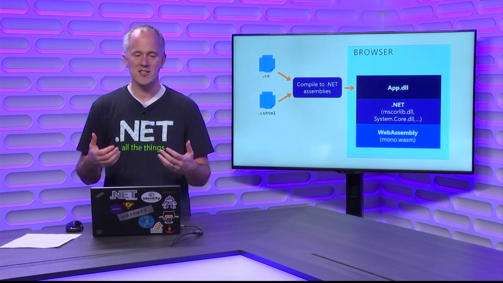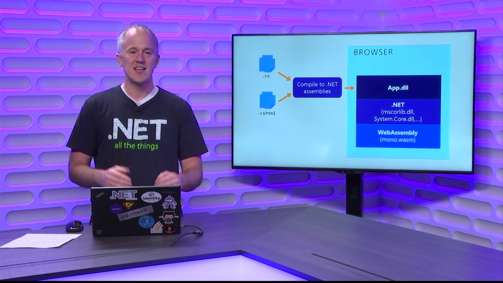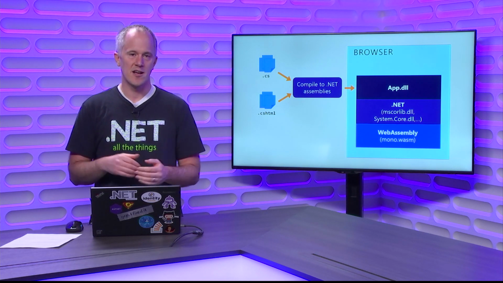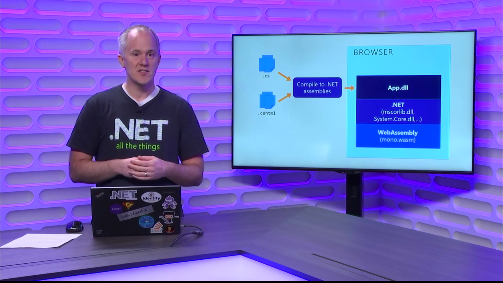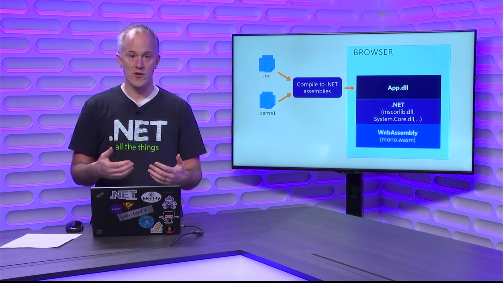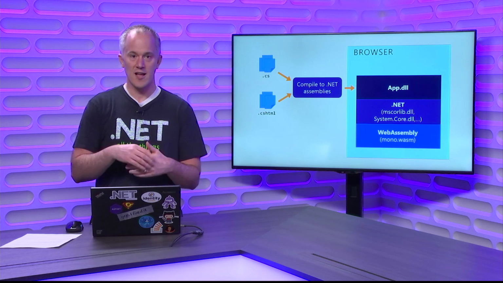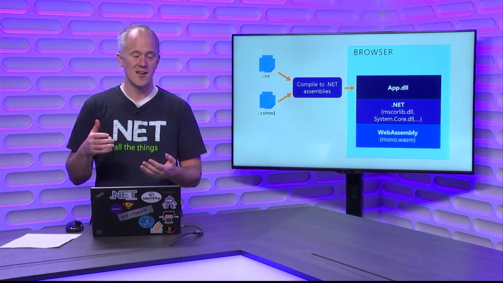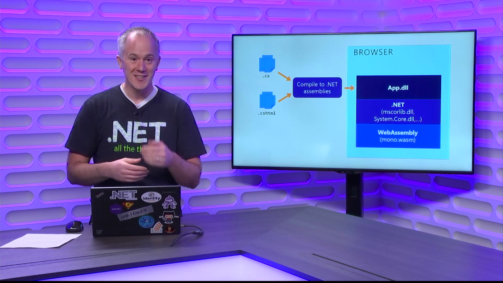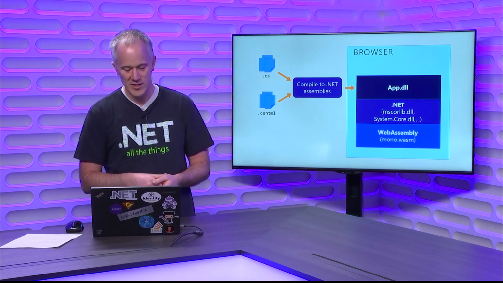So how can this possibly work? Well, the way Blazor works is the first piece you need is a WebAssembly-based .NET runtime. And for that, we're using Mono. Mono is the Microsoft-supported cross-platform .NET runtime that we use for client application development for Android, iOS, macOS, watches. You can pretty much run Mono anywhere, which makes it a great fit for Blazor applications.